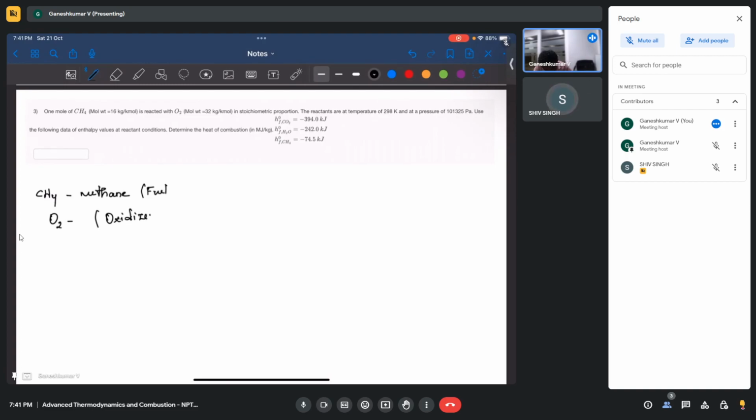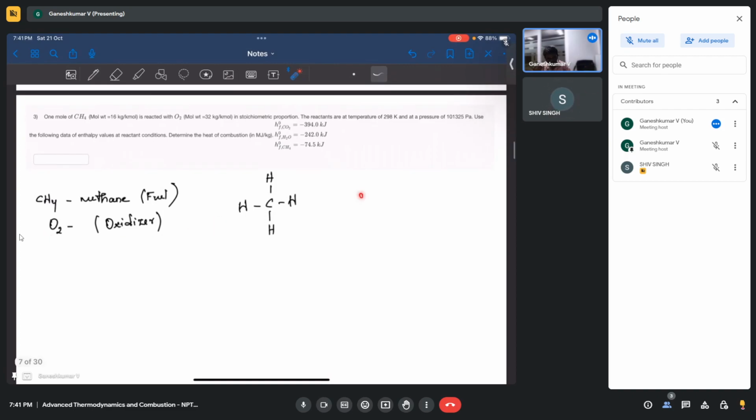Since it's methane, it will have energy in the natural gas bonds, CH4. Now if you react it with the oxidizer, you can get CO2 and H2O, which means you are breaking these bonds and forming new bonds.